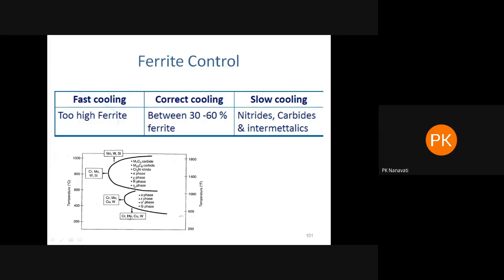But you cannot use the duplex stainless steel above 250 degrees Celsius maximum temperature, because if you go above 250 degrees Celsius during your service application, you have every danger of intermetallic phases, and these phases are bad for corrosion resistance, right?